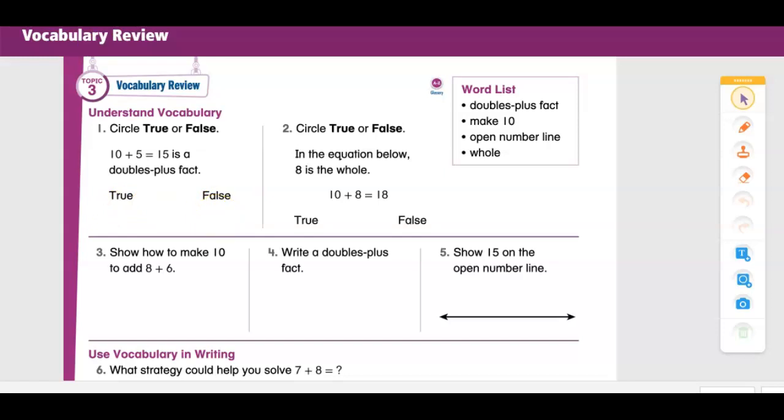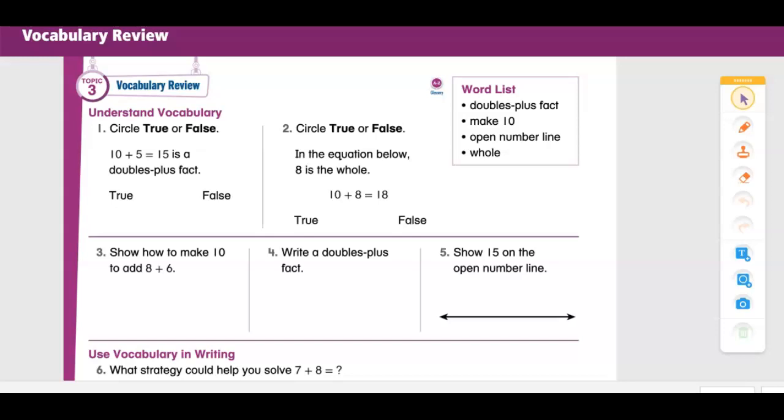In one of our previous lessons, Topic 3, Lesson 4, we discussed doubles plus facts. In a doubles plus fact, you use a doubles fact, for example, 6 plus 6, to help you solve a doubles plus fact, for example, 6 plus 7.